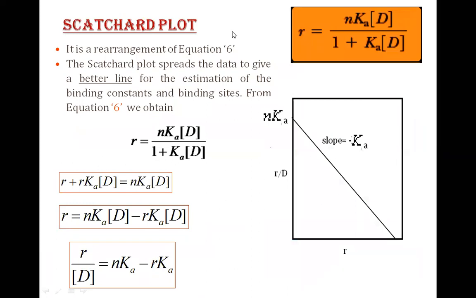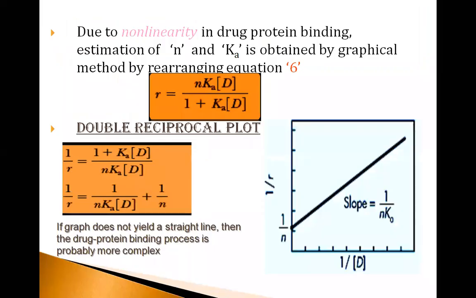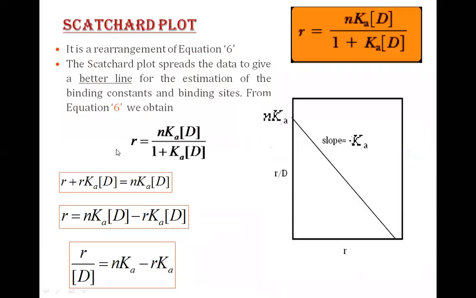Again here, in both cases, whether it is reciprocal or scattered, the objective is to convert the equation into a straight line. In the case of reciprocal, we have taken the reciprocal of the equation like 1 by r, but in the case of the scattered plot, we are not taking the reciprocal, we are rearranging the equation. We are shifting the numerator towards the left side, as you can see here. This entire numerator is shifted to the left side.